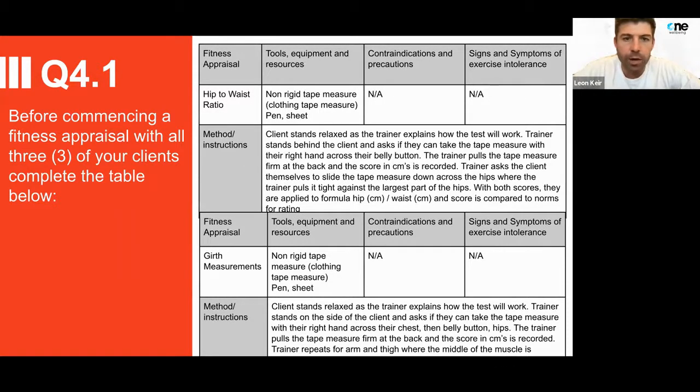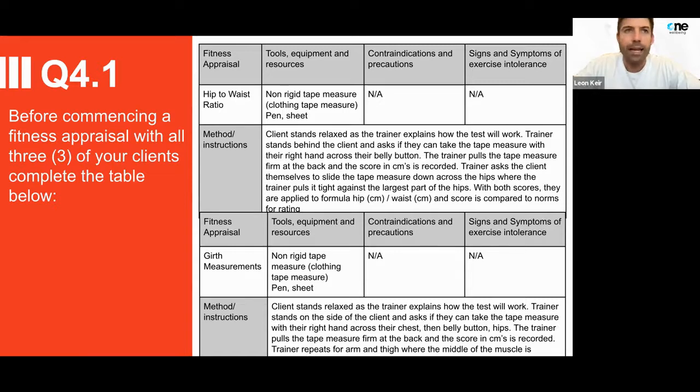Let's go hip to waist ratio. With this test, we're testing our clients' hips and waist using a body tape measure. We're going to measure around our client's belly button, and that's our client's waist. That's how we indicate where our client's waist is, through the belly button.